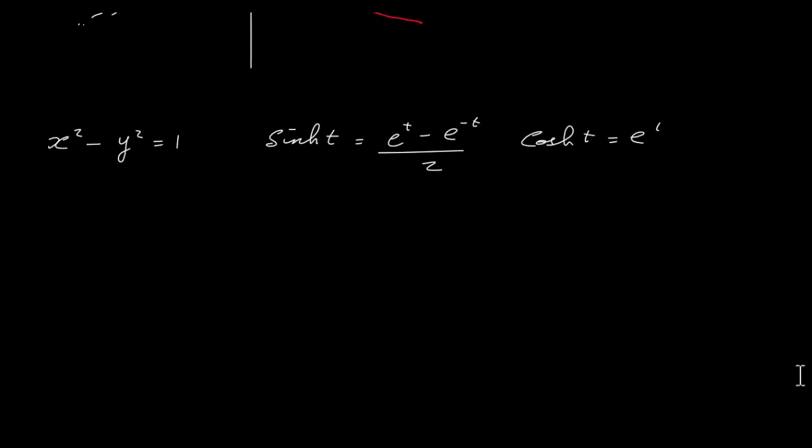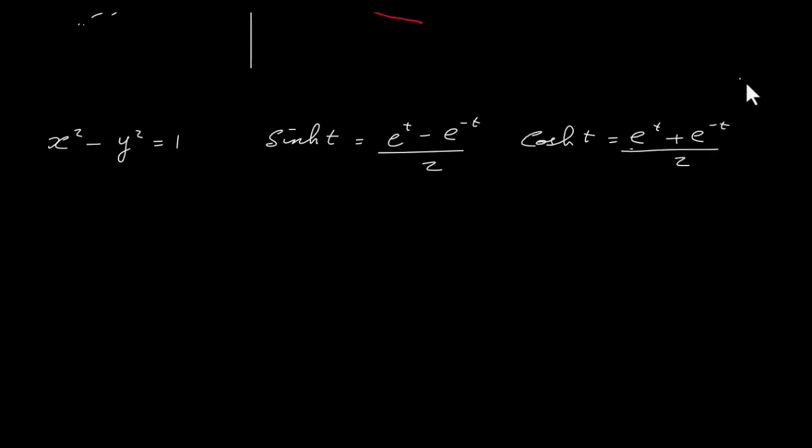get 1? So we have x squared minus y squared is equal to 1. We have sinh of t is equal to e to the power of t minus e to the power minus t over 2. We have cosh of t is equal to e to the power of t plus e to the power minus t over 2.